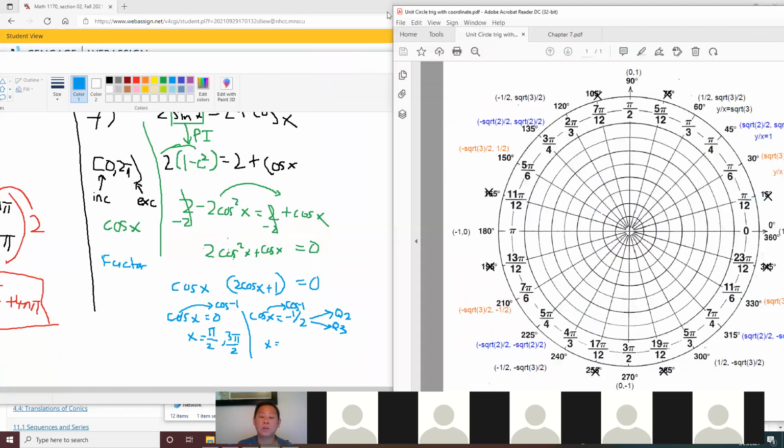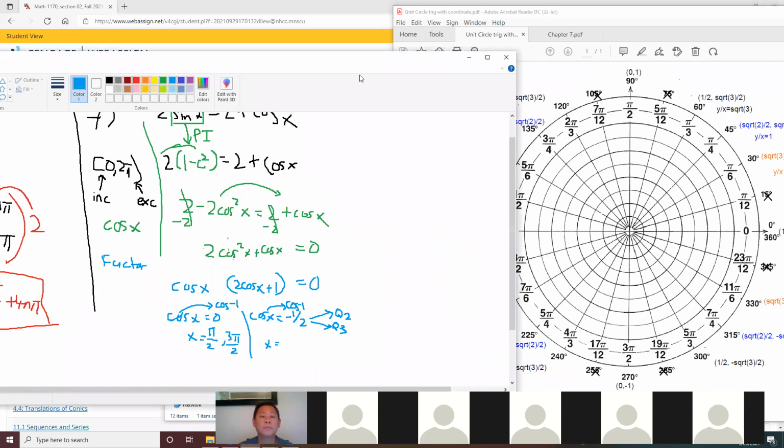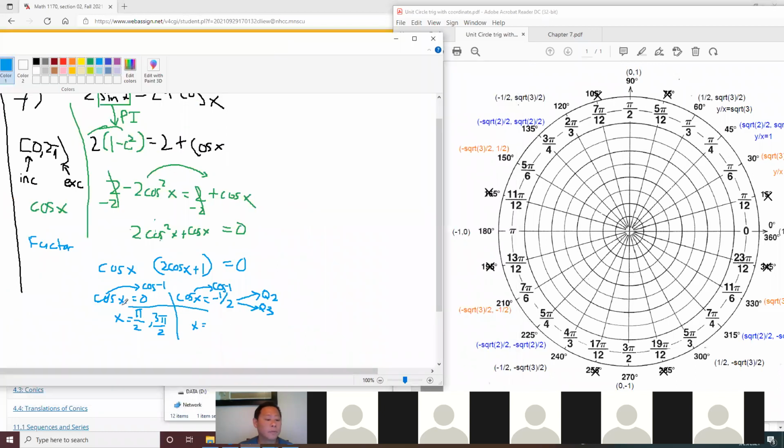We are looking for quadrant 2 and quadrant 3. So this half of it, 2 and 3, is here. So which one of these gives us negative 1/2 for your x value? Anyone?